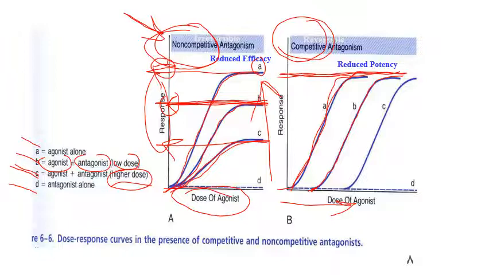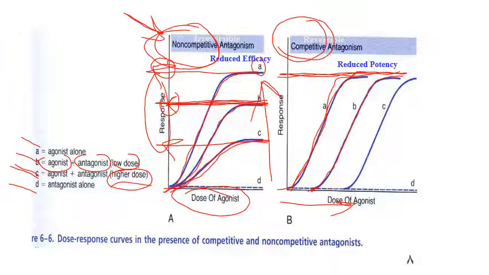This is because increasing the dose of agonist will increase the availability of the agonist at the binding site, and this will displace, move away, or get rid of the antagonist from the binding site. And then, as we said before, it is a competition.